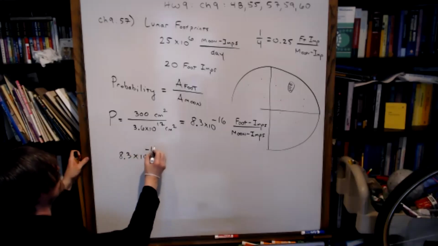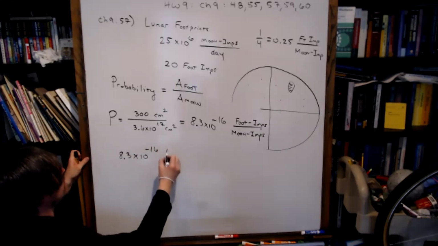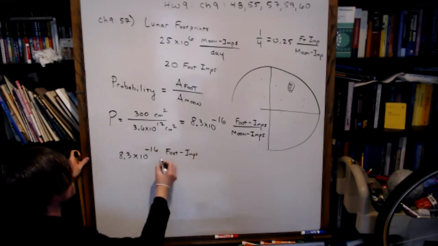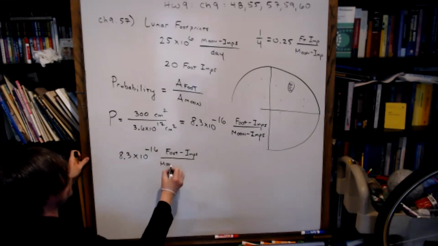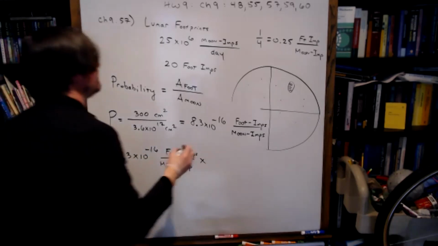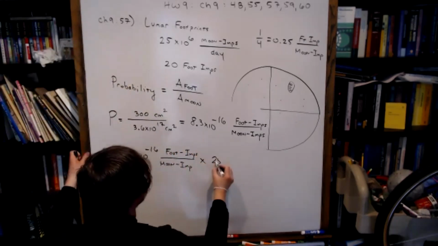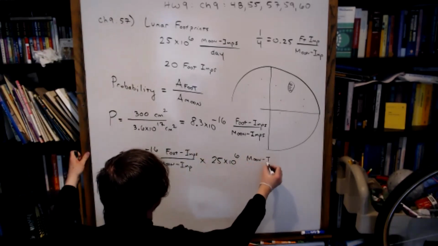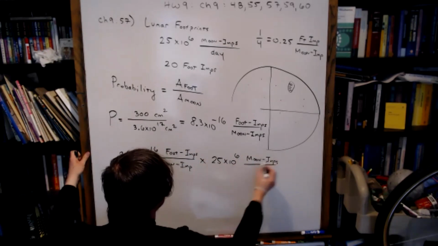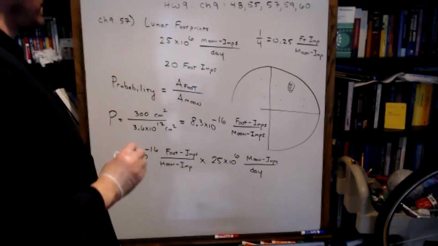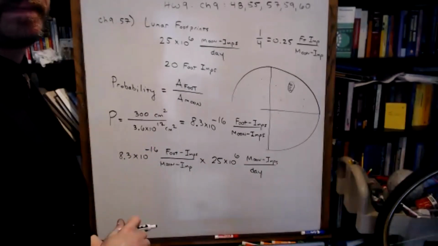Let's look at multiplying first. 8.3 times 10 to the minus 16 foot imps per moon imp. And if we times it by 25 million moon imps per day, what will my final units come out to be, Jillian?